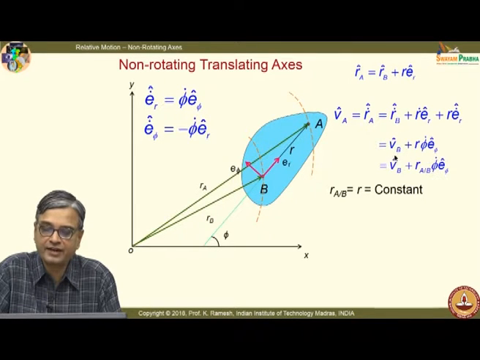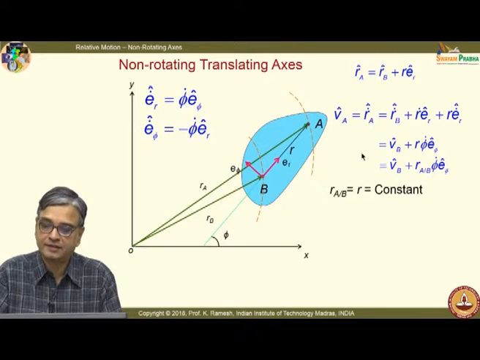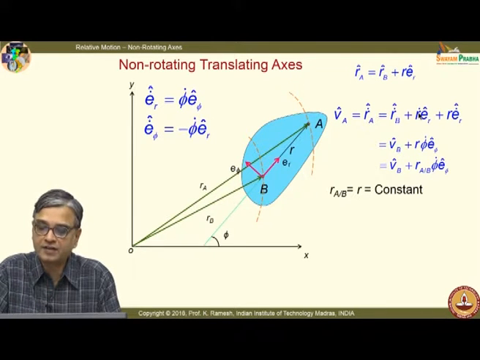I have simplified it right here, because we know very well it is on a rigid body. The distance between any two arbitrary points, which is labeled as R here, remains a constant. We invoke that. So, R dot is 0.